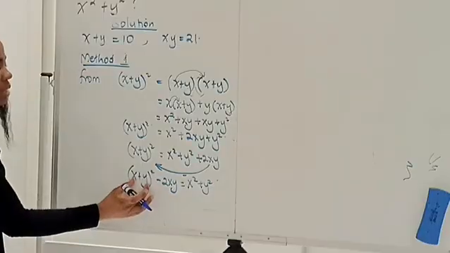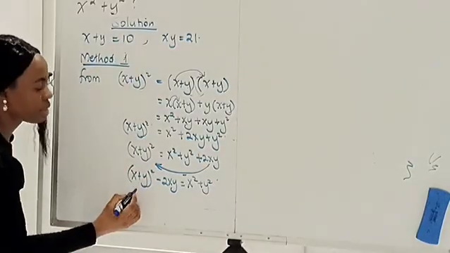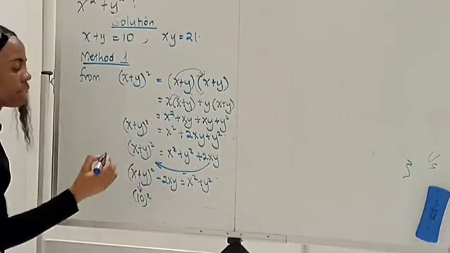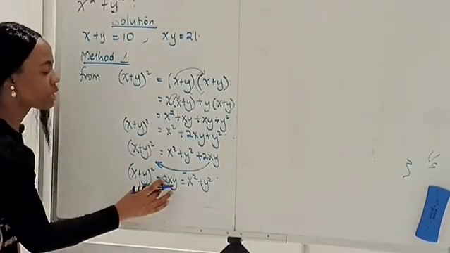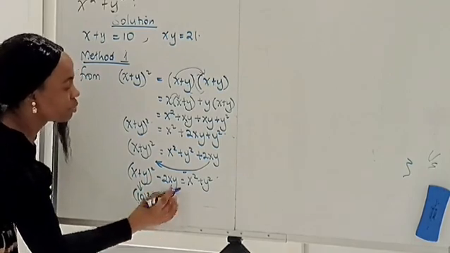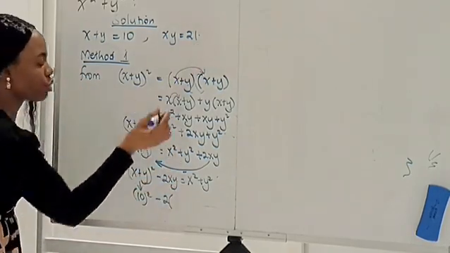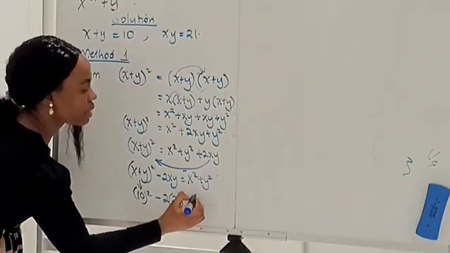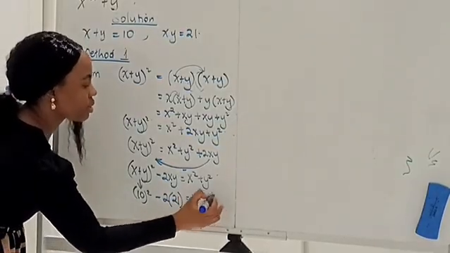But you know that x plus y is equal to 10. So let me replace it. This is a 10 here, that is 10 squared, minus 2 into xy, which is 21, okay? And this is equal to x squared plus y squared.